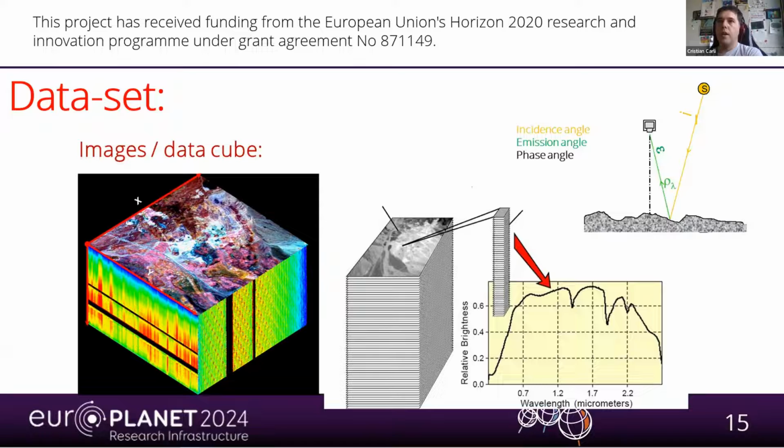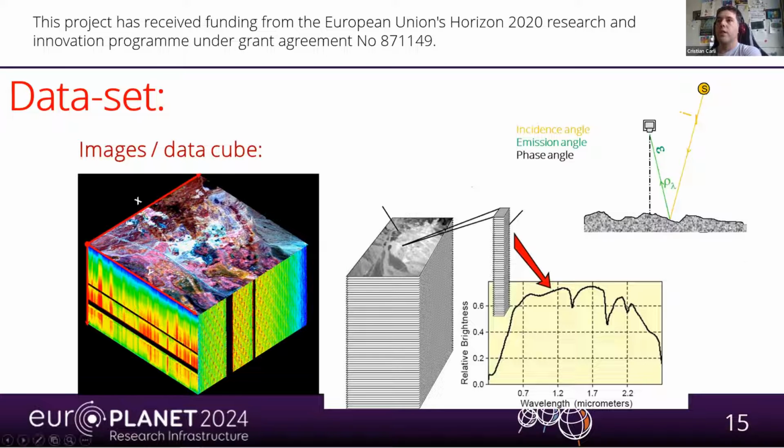It also has to be remembered that this data can be affected by the illumination condition and the different conditions of the surface. And so the data that we acquire has to be corrected by the incidence angle and the emission angle.